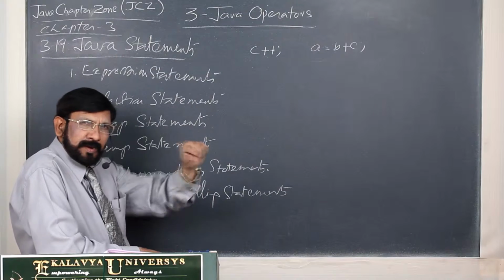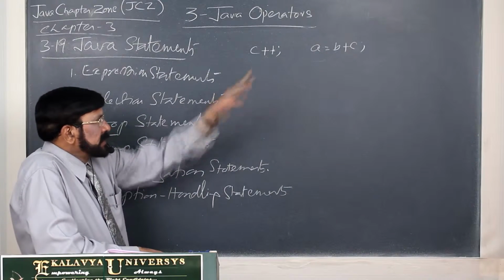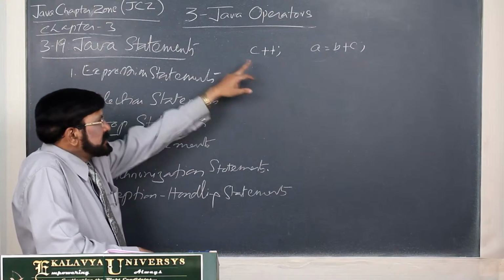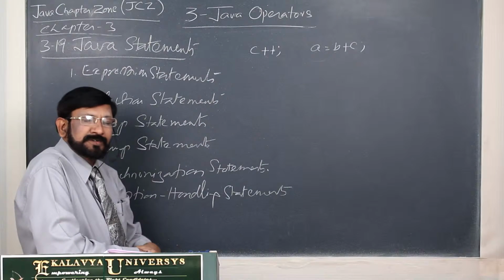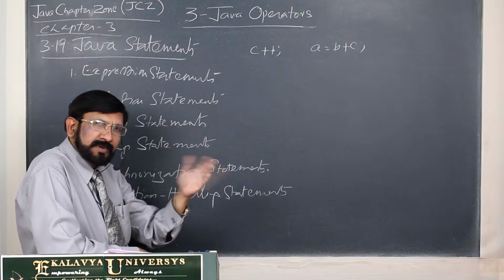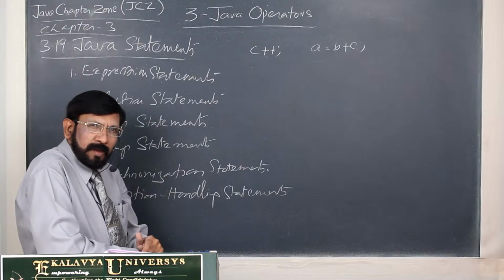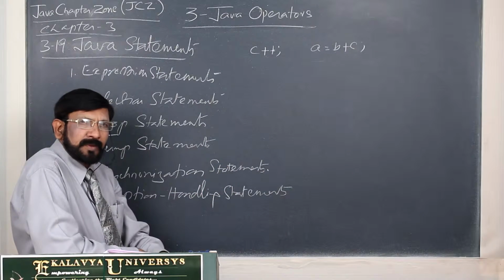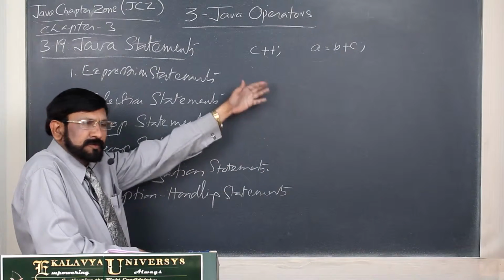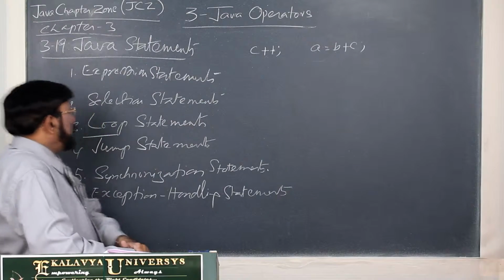Every time we are writing an expression, we are terminating it like this, and whatever we have used so far are called expression statements. An expression is terminated by a semicolon, and it becomes an instruction to the compiler. The compiler executes that instruction.